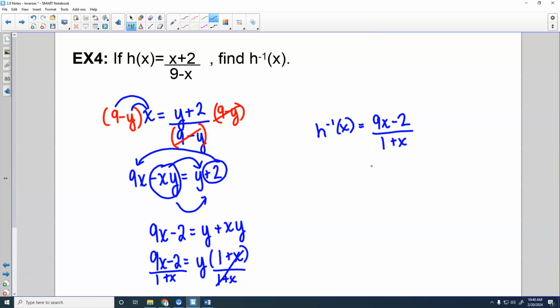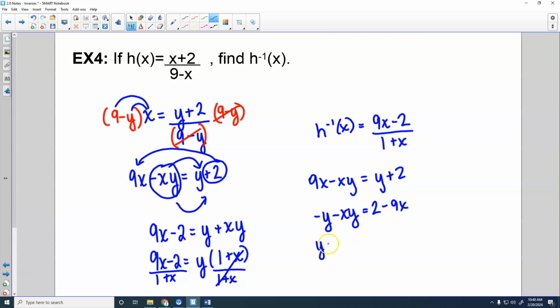Now, you guys don't have to copy this down, but let me just do this really fast. What if we move stuff to the other side, right? So let's say I have 9x minus xy equals y plus 2. Let's say I moved everything over here. I would have negative y minus xy equals 2 minus 9x.